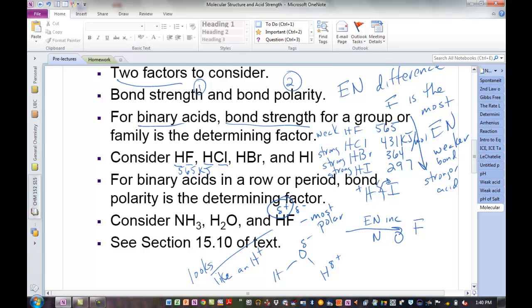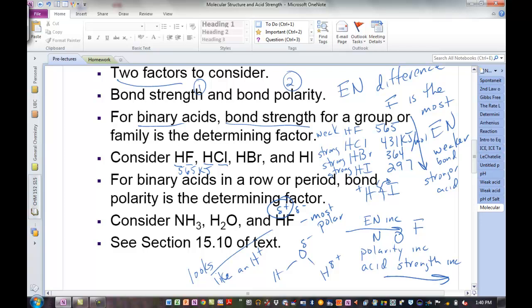Hydrogen builds up a partial positive. That's the most polar, so hydrogen is most like an H plus, and it's more readily donated as an H plus. So polarity increases this way, and acid strength increases as well as we go across a row, as we go to the right.